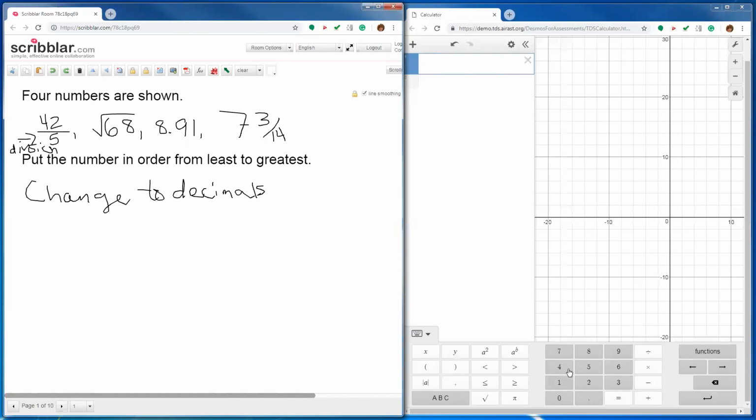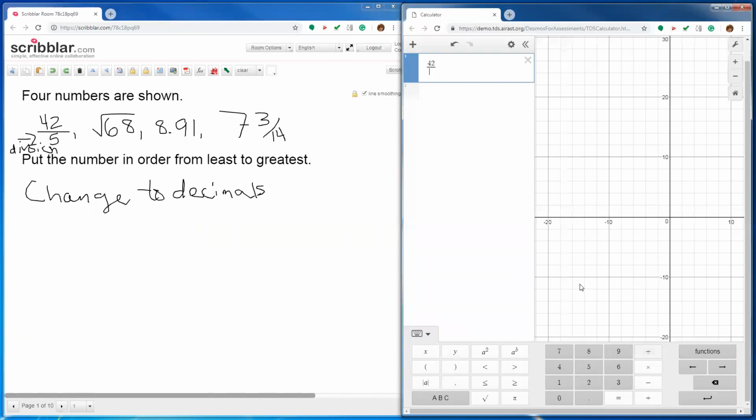So you can use a mouse, or I could click in the box and use the keyboard and type 42. Then you hit the divide button, and you'll notice it makes a fraction. So you put the 5 underneath to make 42/5, and then the answer pops up right here, equals 8.4.